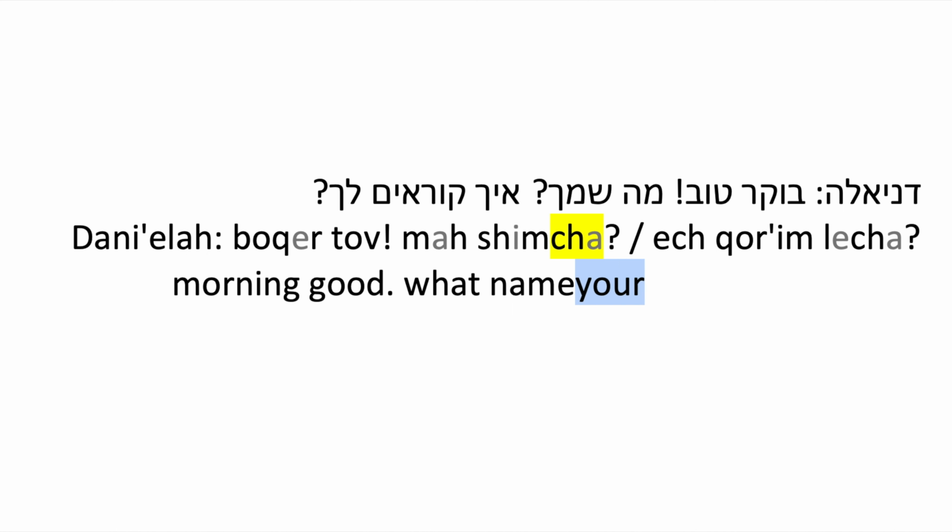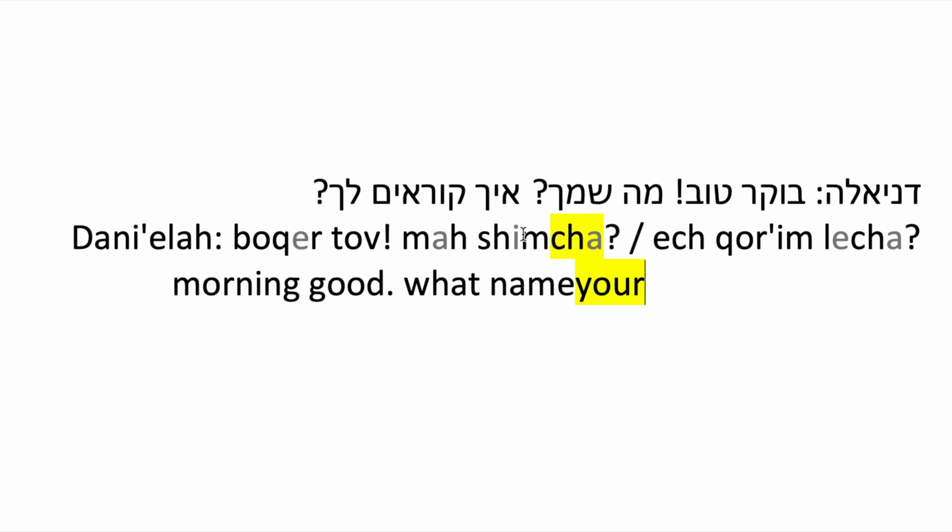And in Hebrew, we always have a masculine and a feminine form. So when Daniela, who is a woman, asks Paul, who is a man, for his name, then she has to use the cha ending, shimcha.